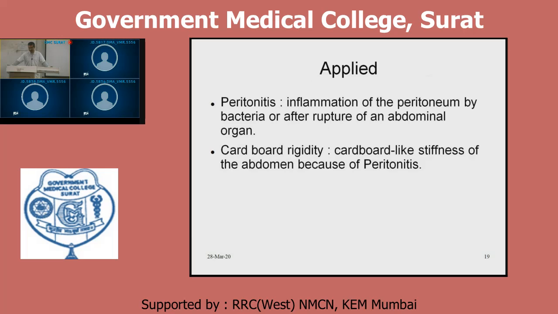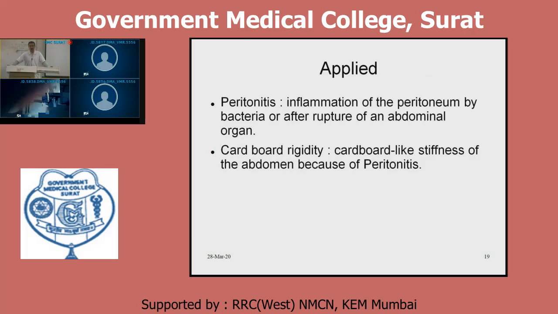And what happens if there is generalized peritonitis? There is cardboard rigidity of the anterior abdominal wall. Why? Because there is spasm of the muscles of the anterior abdominal wall. The reason is the parietal peritoneum gets inflamed and it will cause severe pain. It will stimulate pain sensations.